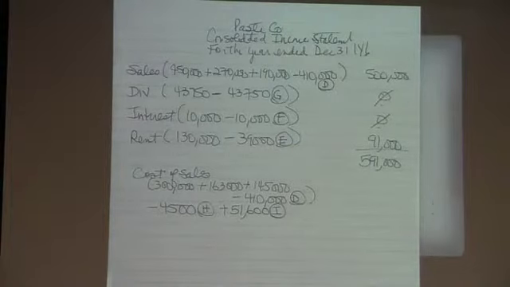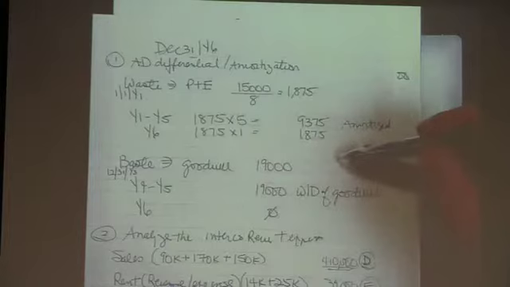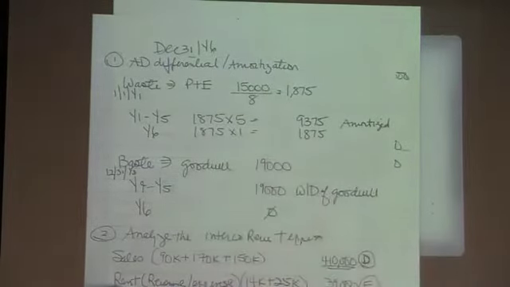Now, what else do you think we need to do? Well, remember we had these acquisition differentials? Now, we're going to assume that 1875 is part of cost of goods sold.